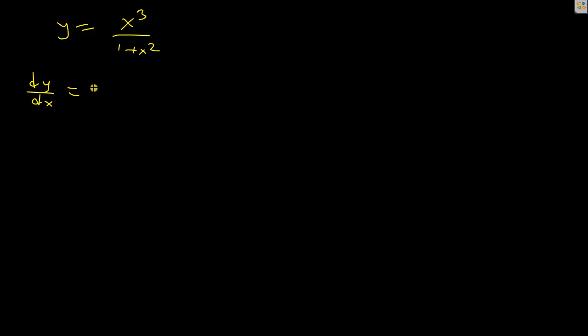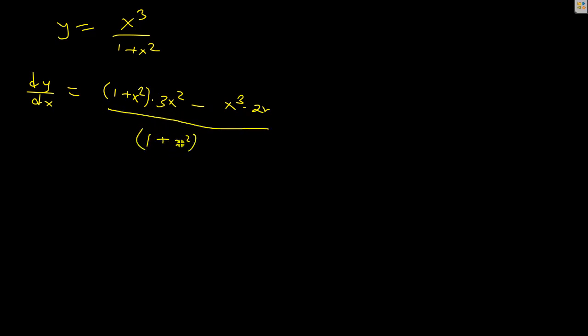I'll assume you're familiar with the quotient rule, so I have 1 plus x squared, then the derivative of this is 3x squared, minus, I'll keep x cubed constant, then the derivative here is 2x, divided by 1 plus x squared, all squared on top here.